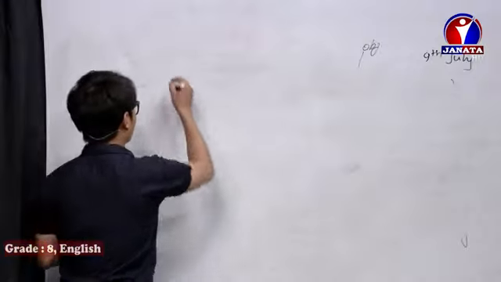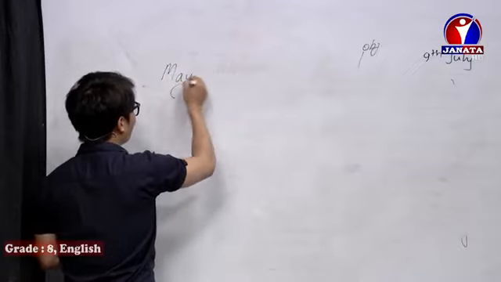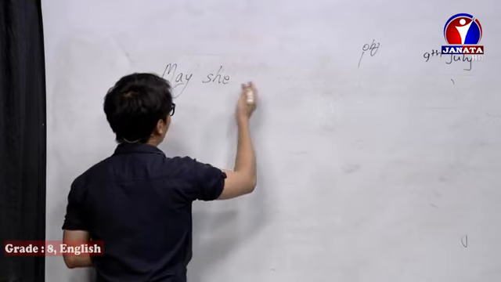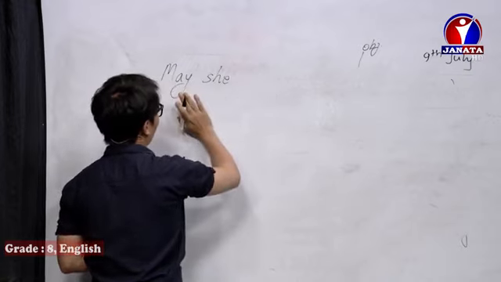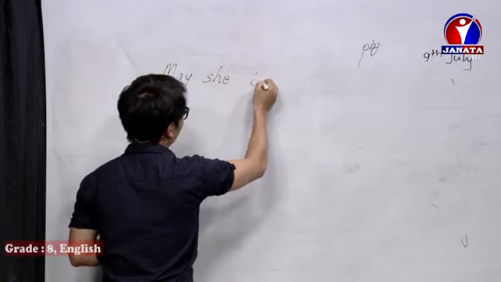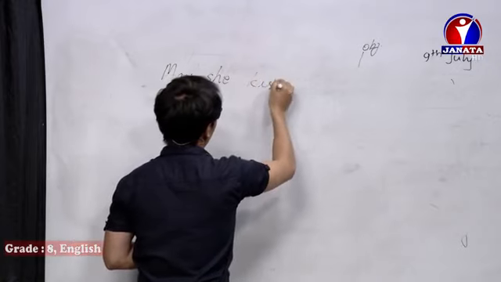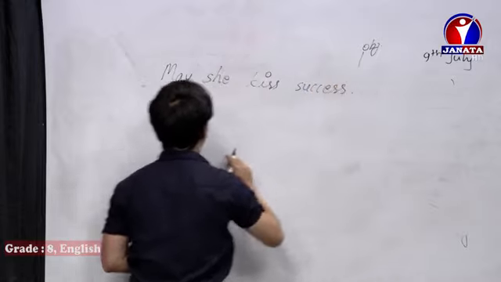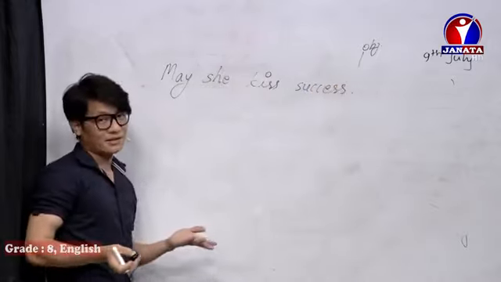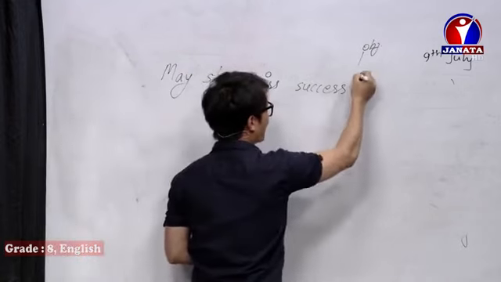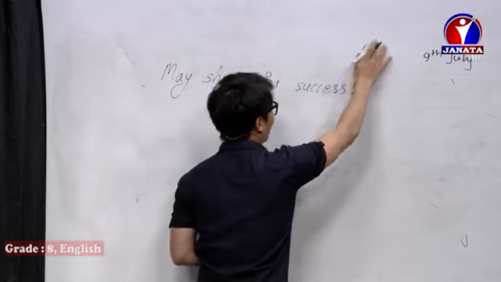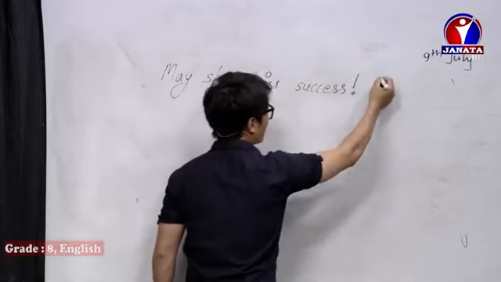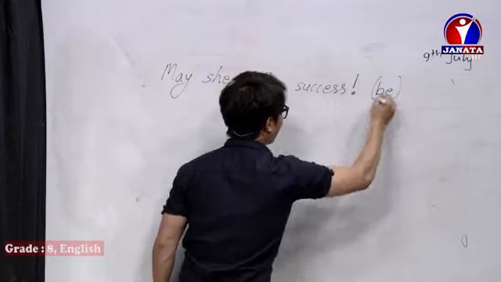Let's have a practice here. Let's write one wish. May she kiss success. So what is the be verb of an optative sentence? And here there should be an exclamation mark. Obviously this is be.